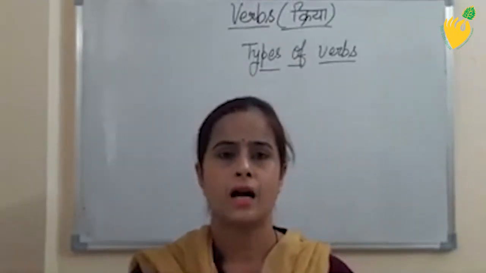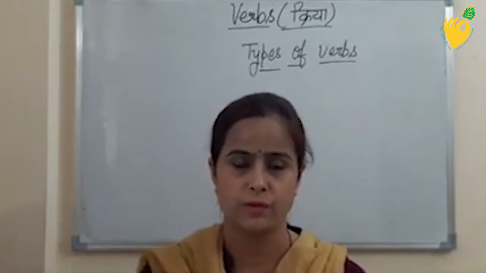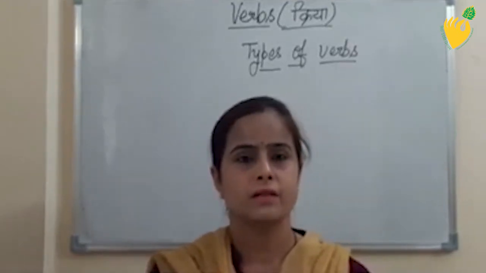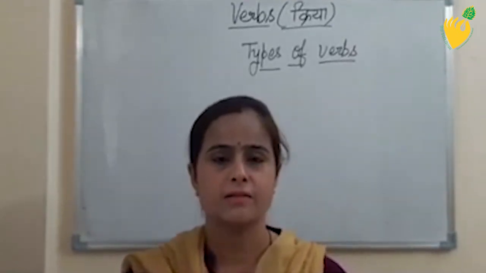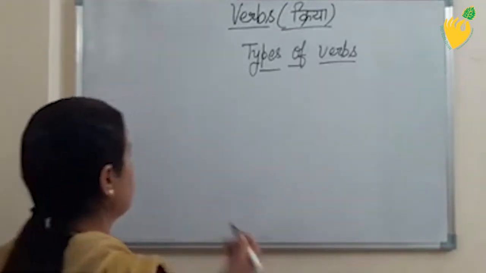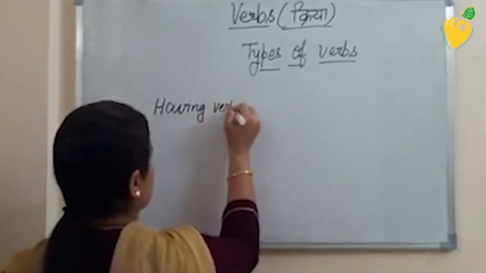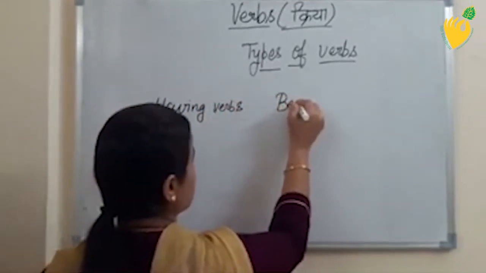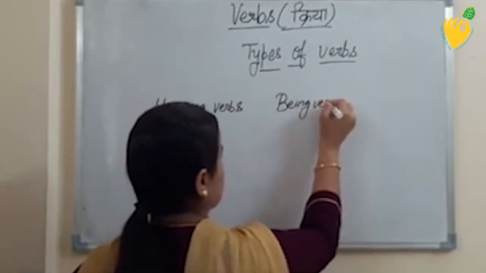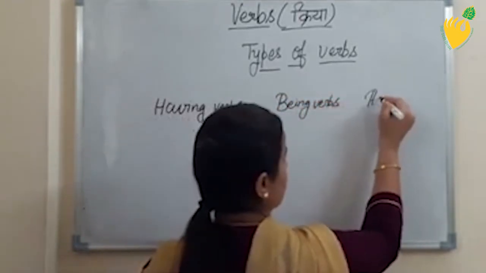Now students, I am going to explain you types of verbs. You must have studied this in your previous class that we are having three types of verbs: having verbs, being verbs and action verbs.